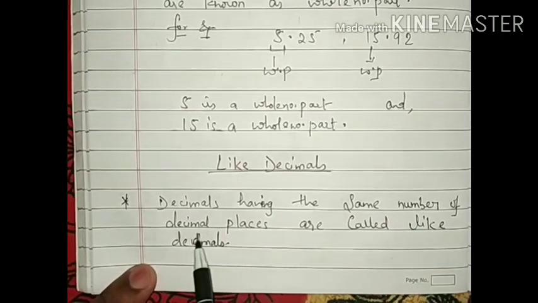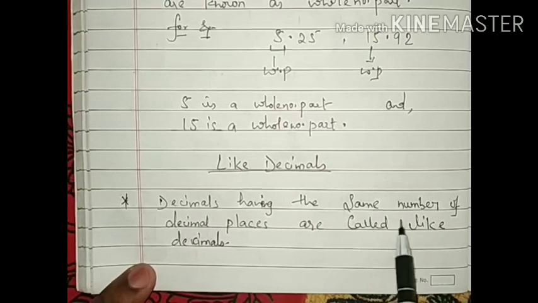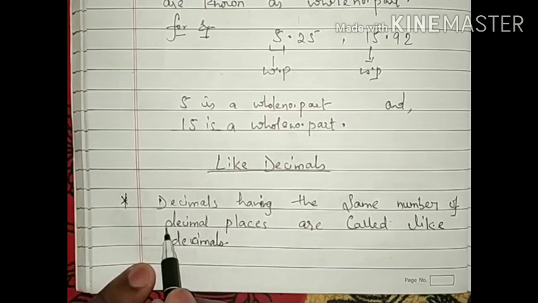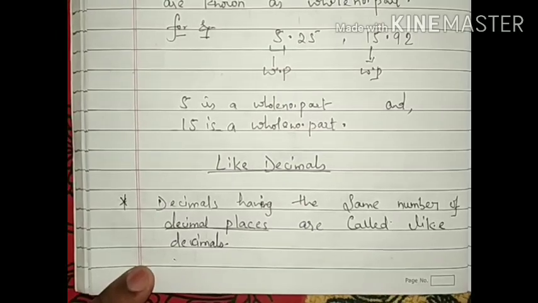Decimals having the same number of decimal places are called like decimals. So what does decimal places mean? We will see decimal places first, then we will move on to like decimals.